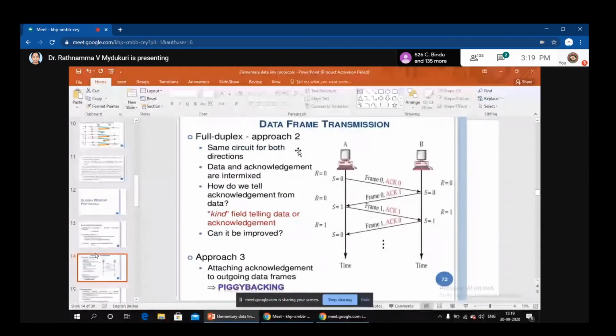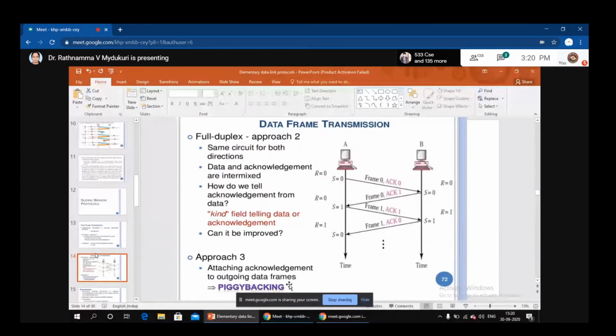According to the second approach, you are going to send both frames and acknowledgement at the same time. So how is it possible? That is possible with a concept called piggybacking. The term we are pronouncing is piggybacking.